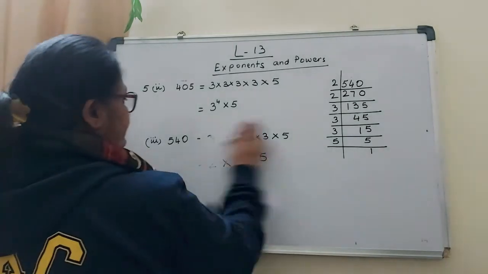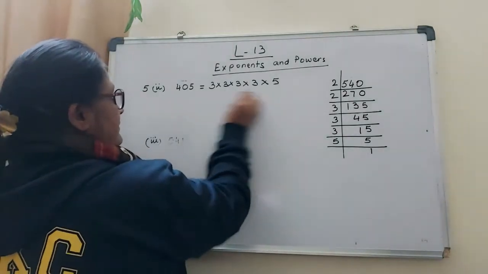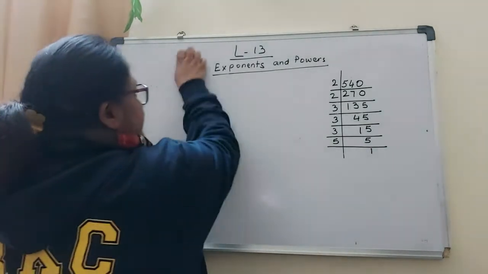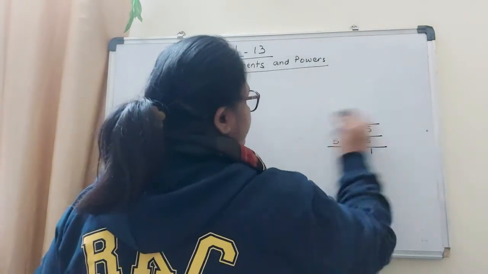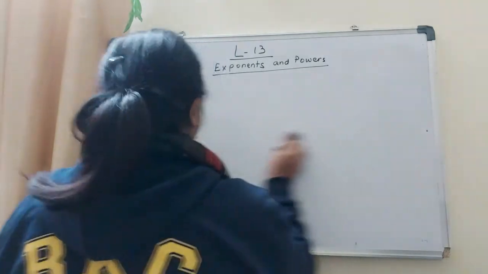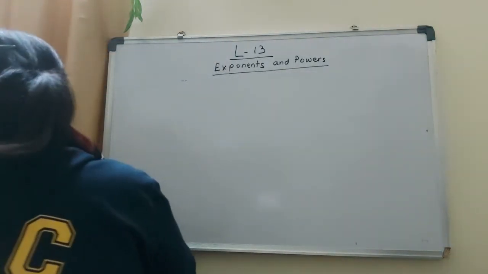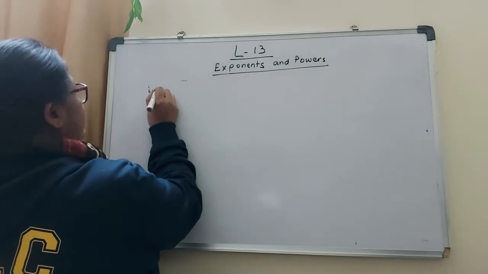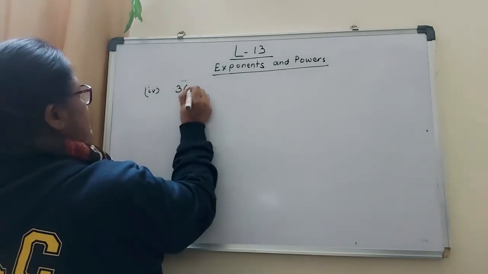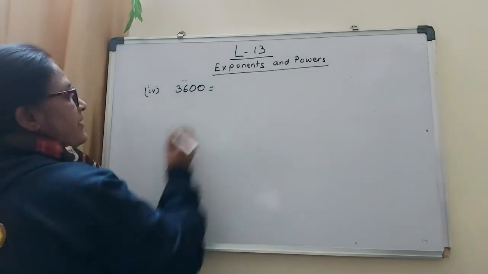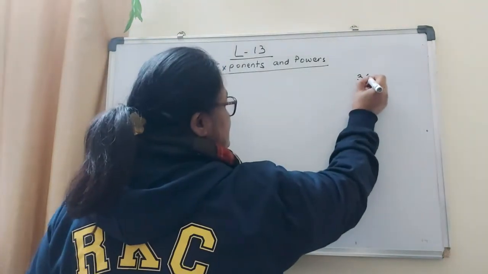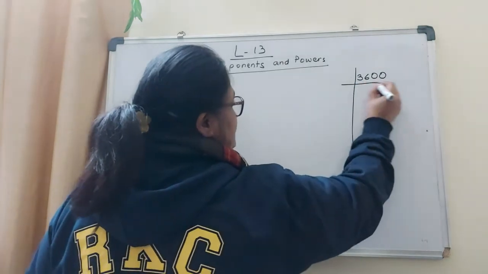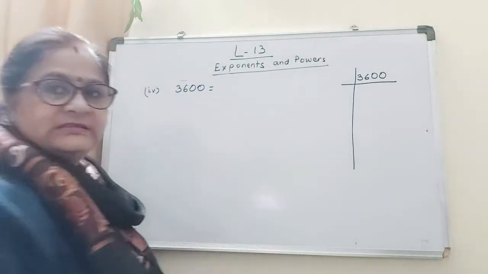Last one. The fourth one, 3600. This is an even number. Ending in 0 means it's an even number.